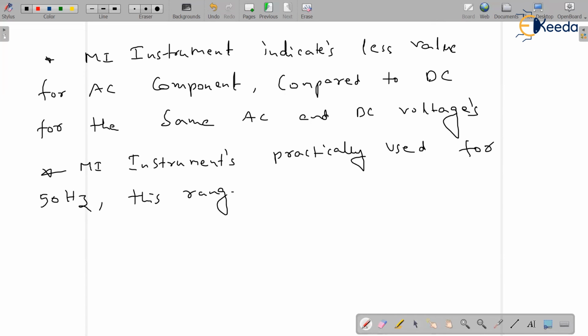This range is limited by coil magnetic field saturation.